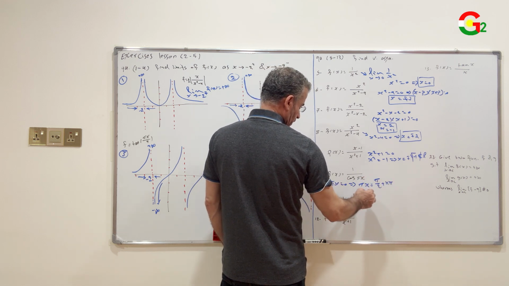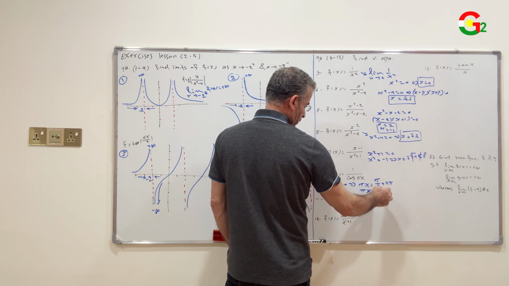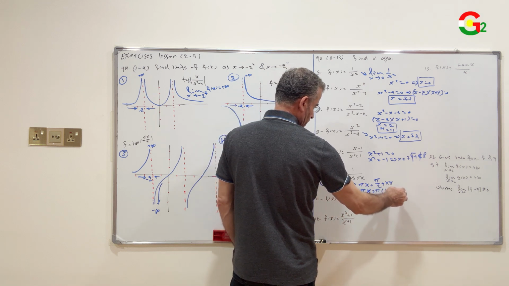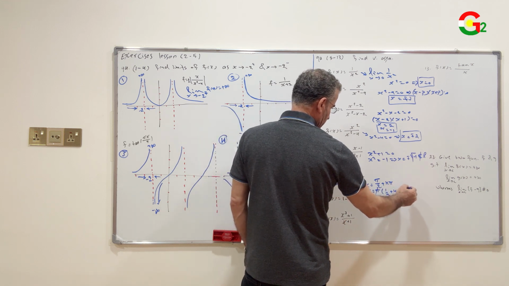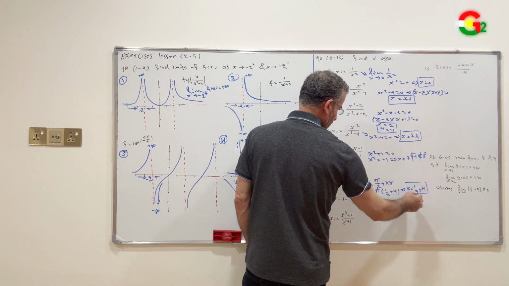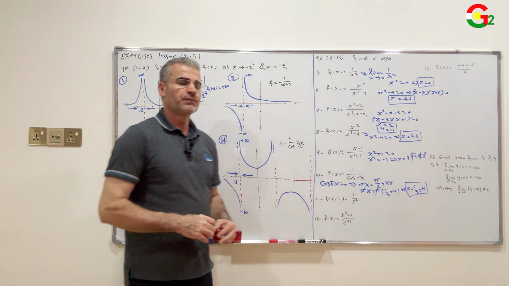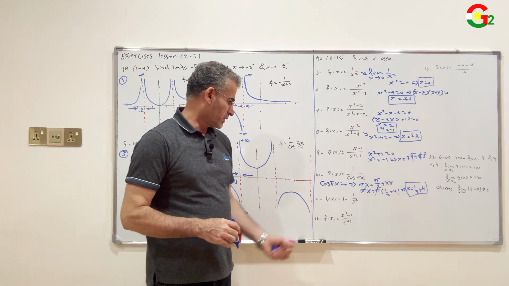Factorize by pi for the right side: pi times 1/2 plus k. Reduce pi with pi, then x equals 1/2 plus k, k is an integer. These are the vertical asymptotes for this function.